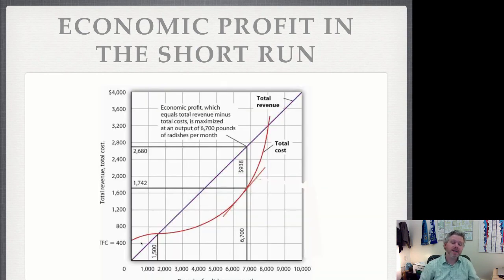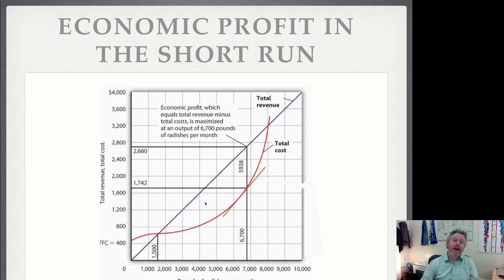So what we can do is take that total revenue curve that we had in the last screencast, and put it on the same graph with a total cost curve from previous chapters, all right? For this particular firm, they have a fixed cost of $400. That's why the total cost curve intersects the vertical axis here at 400.